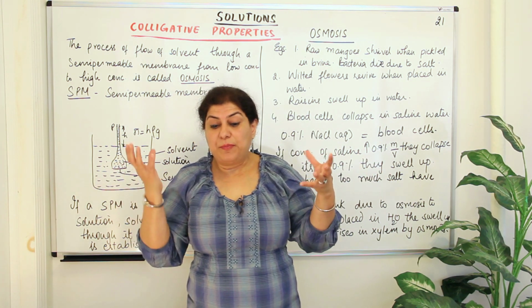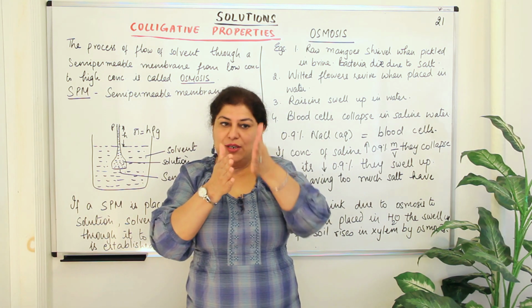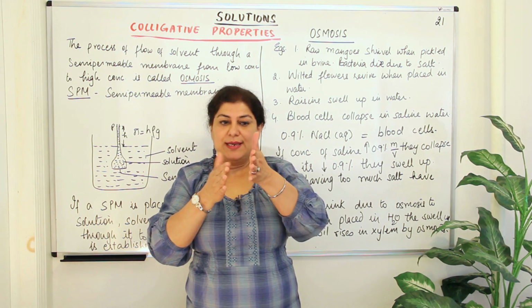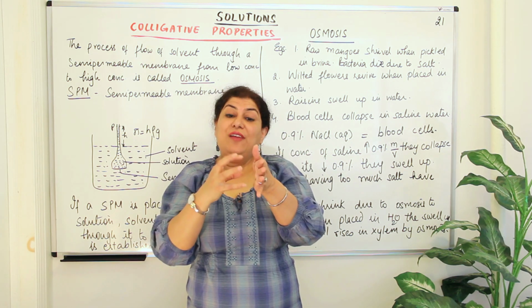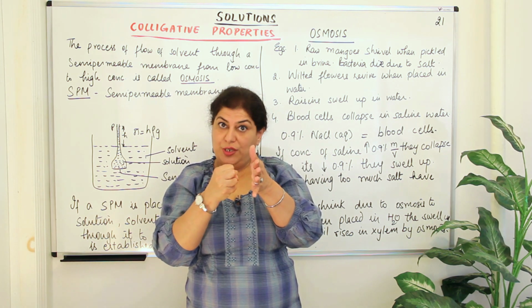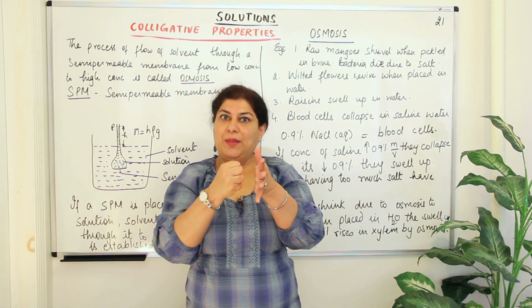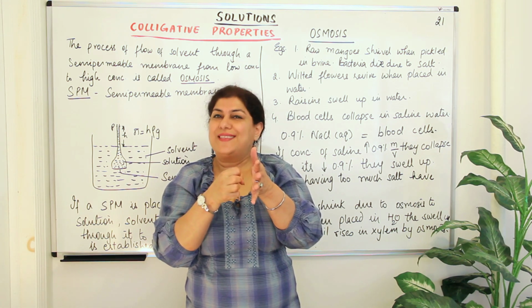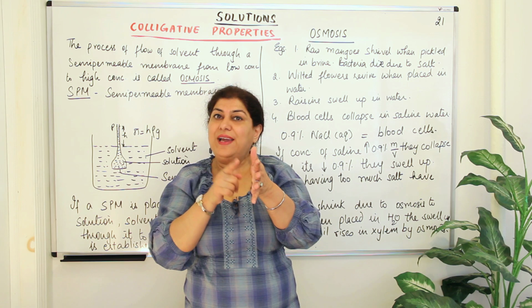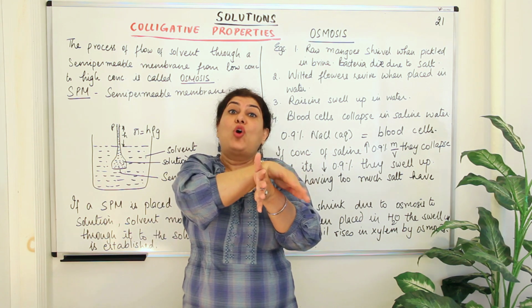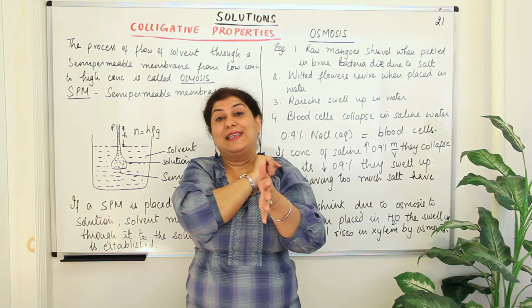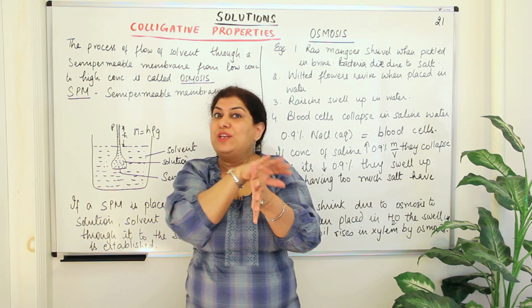If there are two sides to a semi-permeable membrane, let us say this is inside the grape and this side is outside the grape. If the concentration of the solution inside the grape is high, the solvent is less, and the concentration of solute is high in ratio. And on this side, the solvent is high and solute is less. Only the solvent moves.